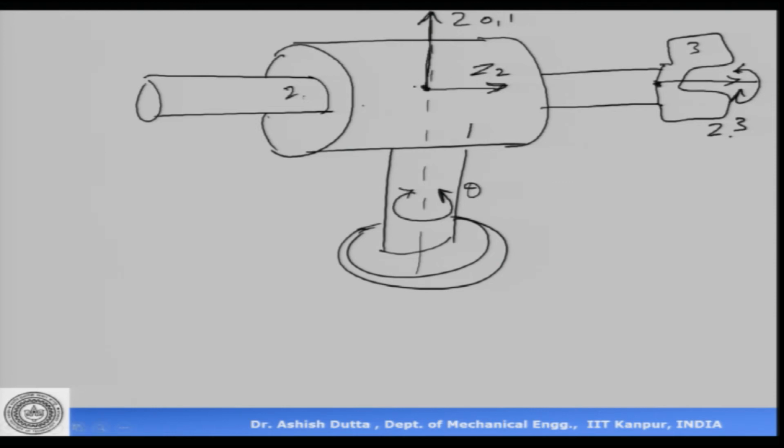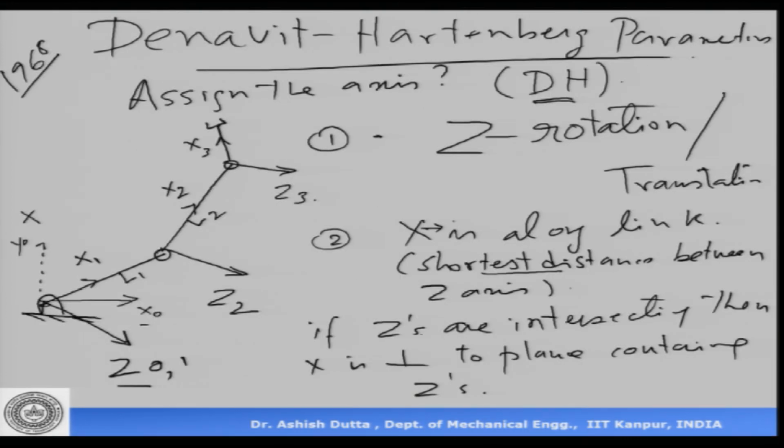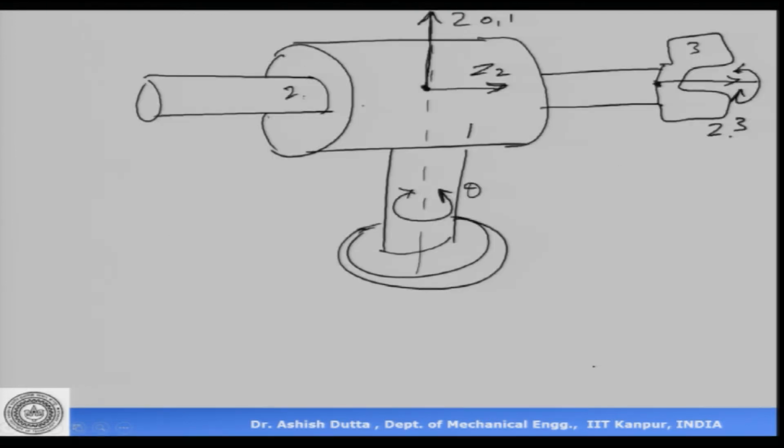So which means that if you try and look at how to assign the x axis, we have to use this clause here, that if the z's are intersecting, then x is perpendicular to the plane containing the z's. In this case z0 z1 there is no problem, they are the same axis, but z1 and z2 they are intersecting. So basically x has to be perpendicular to the plane which is containing the z's.